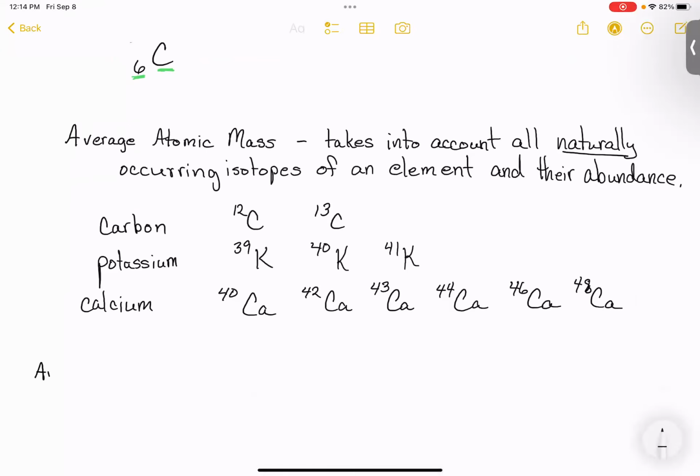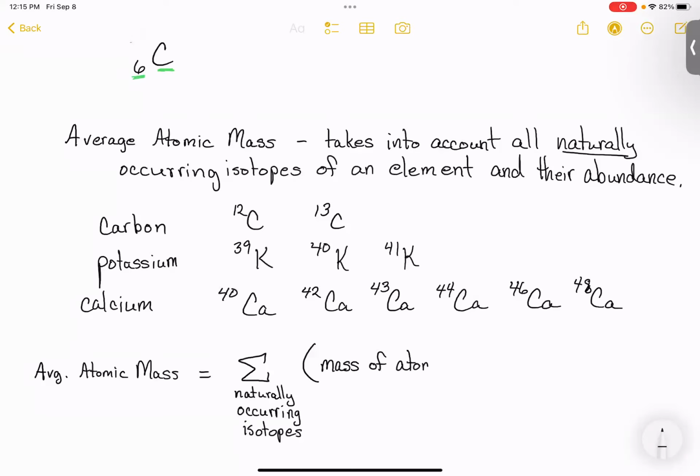The average atomic mass is equal to the sum over all naturally occurring isotopes of the mass of the atom times its abundance.